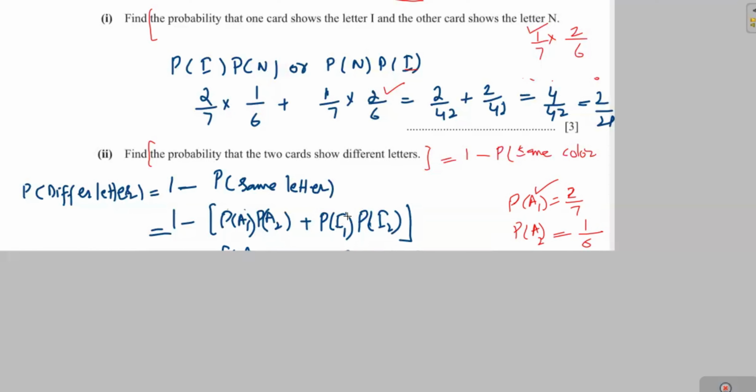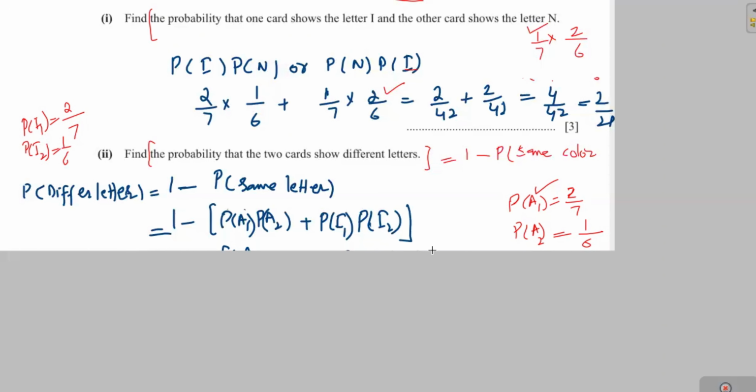Similarly, we calculate the probability of I1 and I2. The probability of I1 is 2 over 7. When we take the second card, one I card is already chosen, so the remaining I is 1, and the total cards remaining are 6, so 1 over 6.